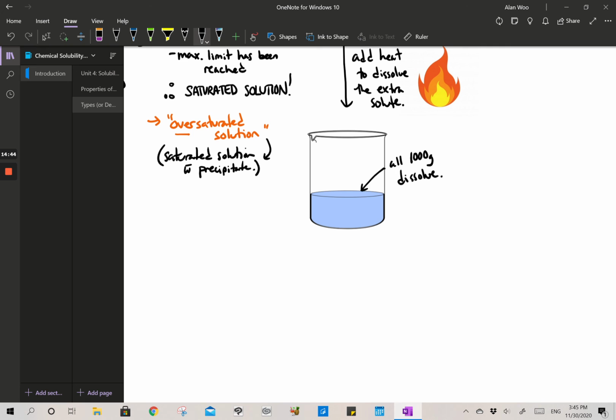If you now let it cool to 20 degrees Celsius, which is room temperature, what we find is the extra solute stays in solution.